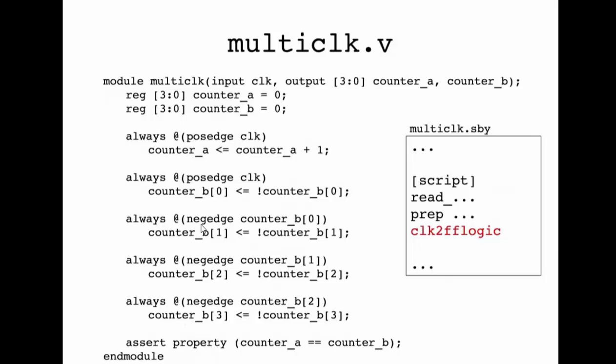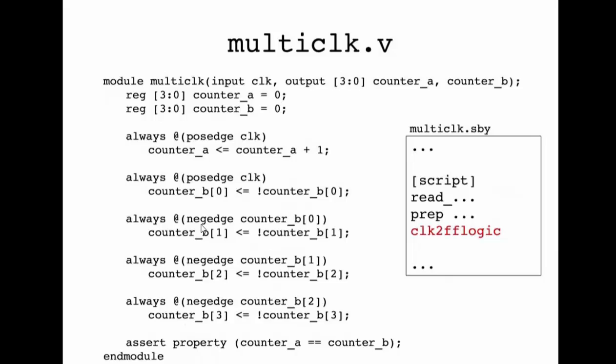But usually with formal, this is very problematic, because not only do we have multiple clocks here, we have clocks that we generate in our design. But still, we would like to verify that these counters are equivalent. So that's the property we have here.